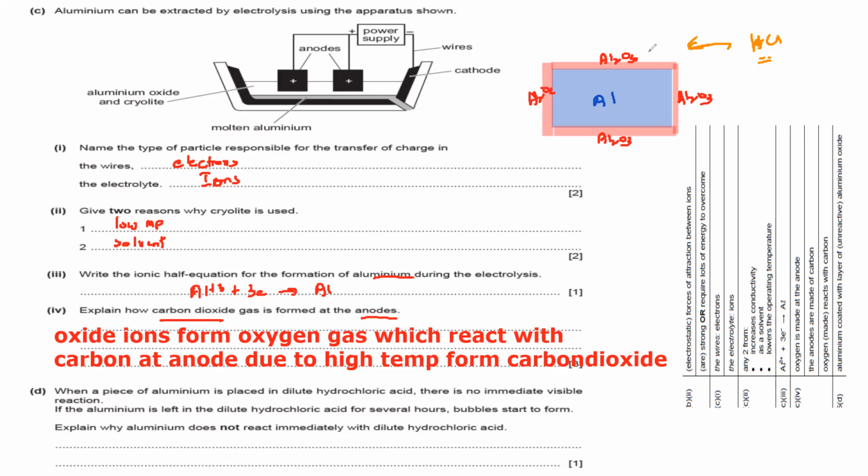Once the acid has reacted with the oxide layer and the layer is removed, the acid can react with the metal. So in the beginning, the reaction is slower because of the protective oxide layer on the aluminium. Is it clear? Discussion about extraction of aluminium.